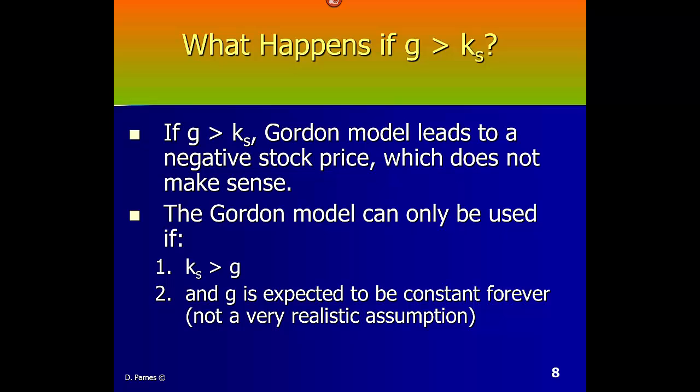Altogether, if G is bigger than Ks, the Gordon model leads to a negative stock price, which doesn't make any sense. The Gordon model can only be used if Ks is bigger than G. Only then will you get a positive denominator. And G, just remember, is expected to be constant, fixed, and forever.